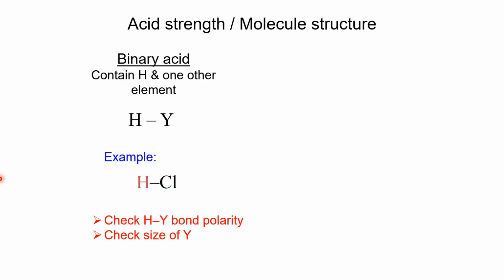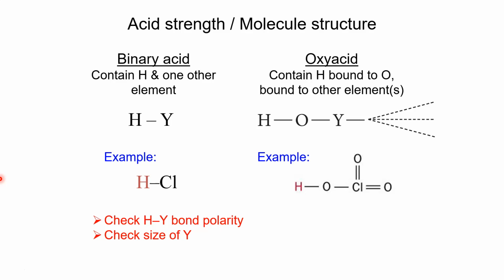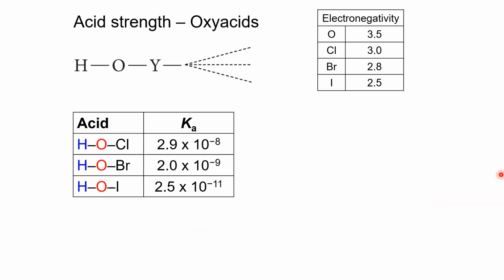So you just have to look at the bond polarity and the size of this compound. But what if you're dealing with something a little bit more complex, like an oxyacid? Remember, the oxyacids have an H that's bound to oxygen, which is bound to other elements. So this is perchloric acid here. We also looked at nitric acid and sulfuric acid in the previous lecture. So this hydrogen is bound to this oxygen, which is then bound to something else.